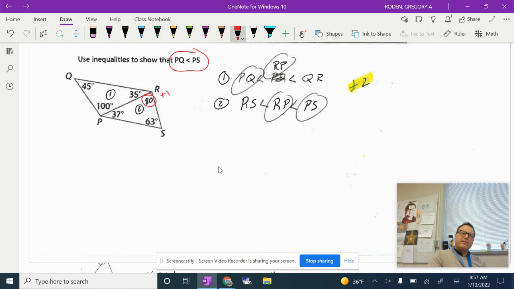Let's just make sure: PQ here is less than RP, but RP is less than PS, so that means that PQ has to be less than PS. Kind of see that? Hopefully that made sense. And that gives you another point. So there's the 2-pointer. You get one easy point for the 80 degrees, and you get another point for having these two inequalities and explaining what you did there. Okay, so that's worth 2 points.